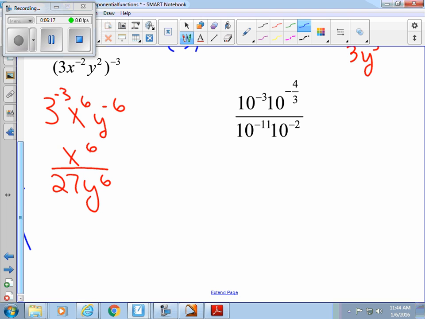Okay, the next one, there are a lot of ways you could do it. Flip everything, it's easy. Or just put it in your calculator. You have to be able to do this by hand, though. Okay, then you just wing it. I'm going to add negative 3 and negative 4 thirds.